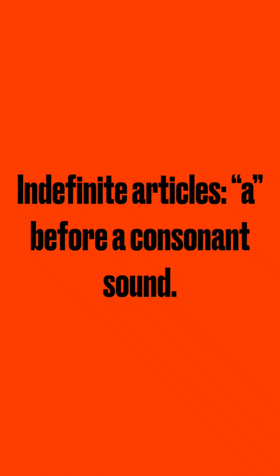Another difference between English and Swedish is that English has a and an. These indefinite articles work very differently to Swedish en and ett. So for instance, a is only used before a consonant sound. For instance, a car, a house, a chicken. And this is because these words, house, car, and chicken, all start with consonant sounds. You can hear h, k, and ch. They are not vowels like a and o, for instance.